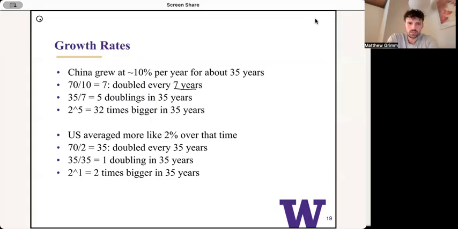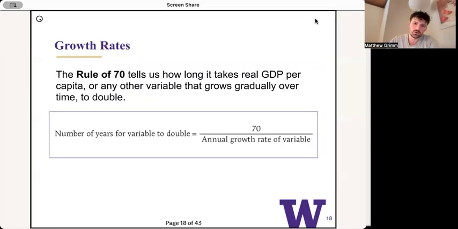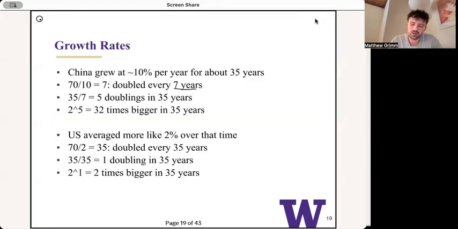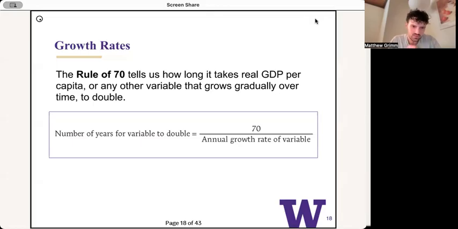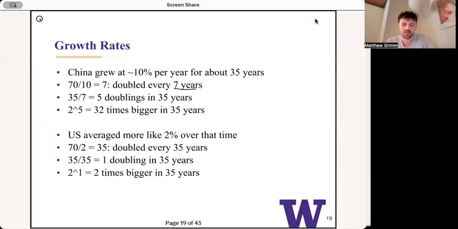Now we can work with this equation a little bit. For example, we can multiply the annual growth rate and divide by the number of years for the variable to double. Alternatively, we can take 35 and divide that by 7, since we know that it's going to double every 7 years.